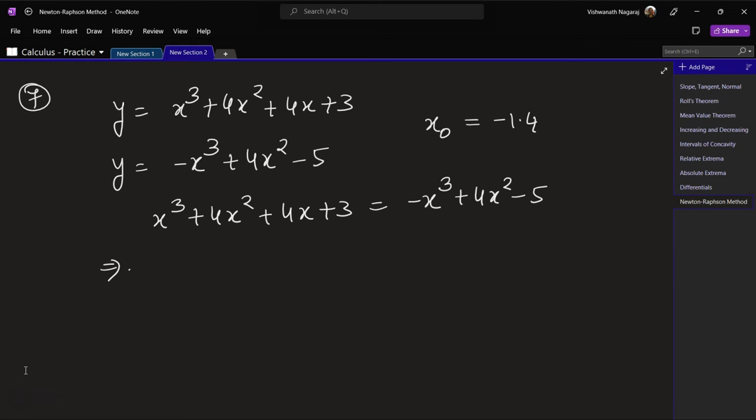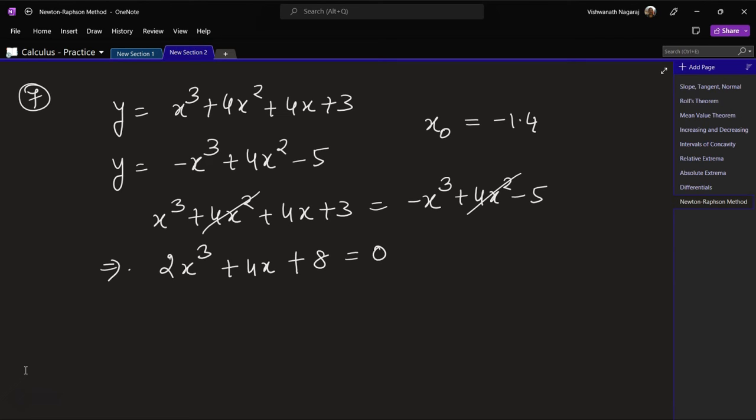Okay, let's simplify this. Minus x cube comes this side, so we get 2x cube. 4x square and 4x square cancel out. Then we get plus 4x, and minus 5 comes this side, so it becomes plus 5. 3 plus 5 is 8, equal to 0. So again we have to figure out the zeros of this equation.